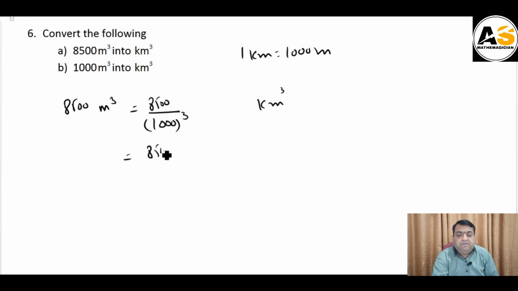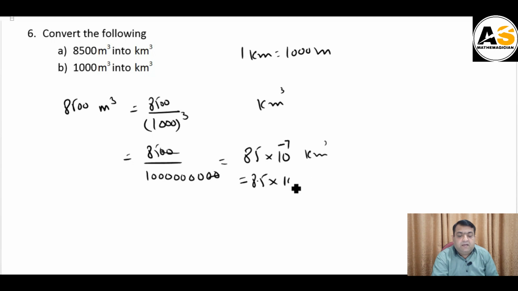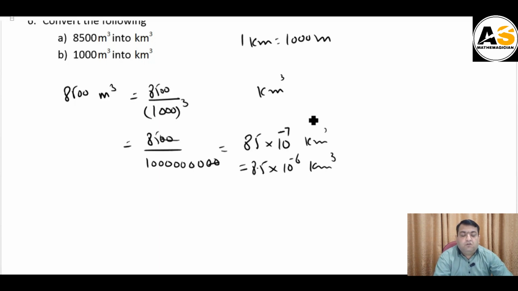This will be 8500 divided by 1, 2, 3, 4, 5, 6, 7, 8, 9 zeros. 2 zeros will be cancelled. 85 multiplied by 10 raised to power minus 7, sorry, 8.5 multiplied by 10 raised to power minus 6 kilometer cube. Second part, you solve it by yourself.